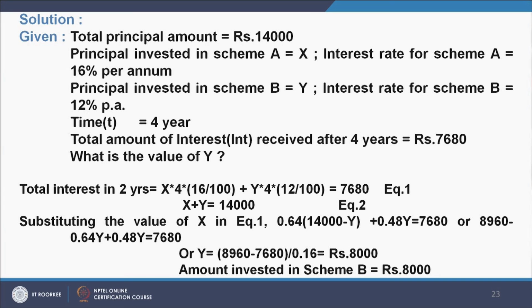Substituting the value of X in equation 1, it becomes 0.64 into 14,000 minus Y plus 0.48 Y, it equal to 7680, or 8960 minus 0.64 Y plus 0.48 Y is equal to 7680, or Y is equal to 8000. Now, if Y is equal to 8000, then the amount invested in scheme B is 8000.